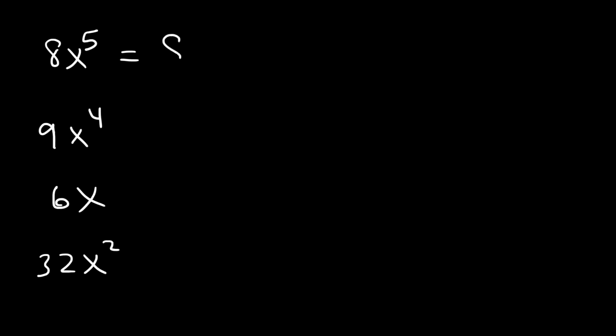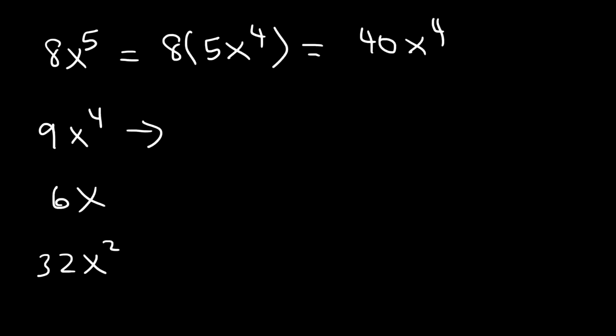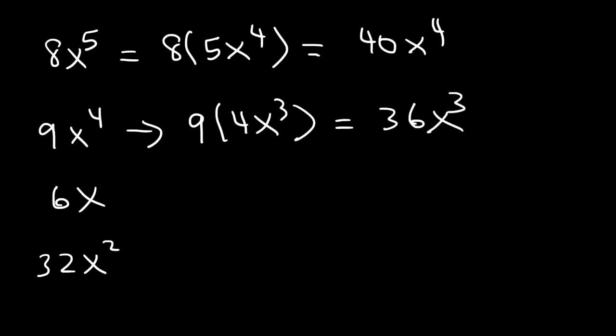The derivative of x to the 5th is 5x to the 4th. So the derivative of 8x to the 5th is going to be 40x to the 4th. Now the derivative of x to the 4th is 4x cubed. And if we multiply that by 9, that's going to be 36x cubed.